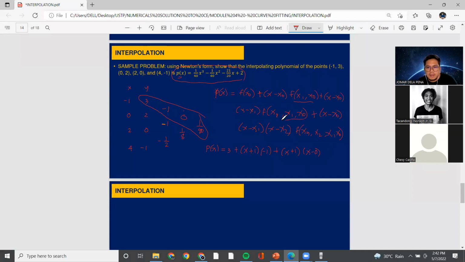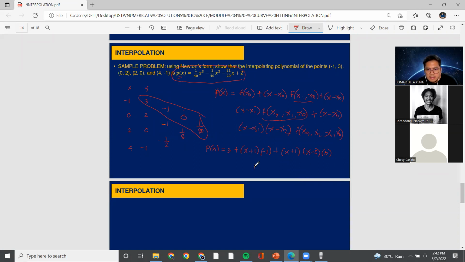Ano siya? Ilam na the third divided difference that is equivalent to 0. Okay? Nung kanisya pagduha sa both second divided difference. Third and fourth. First. This is first, second, and third.